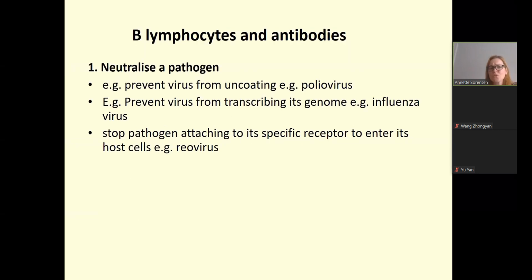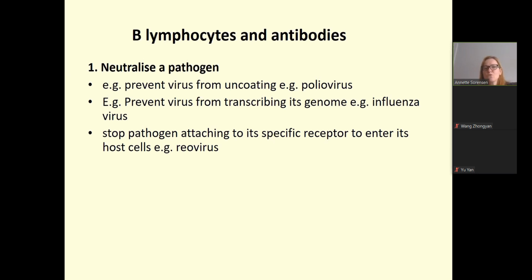Here are some examples of how B lymphocytes and antibodies neutralize pathogens in different conditions. For example, with poliovirus, the antibody prevents the virus from uncoating. If it doesn't uncoat, it can't proliferate.